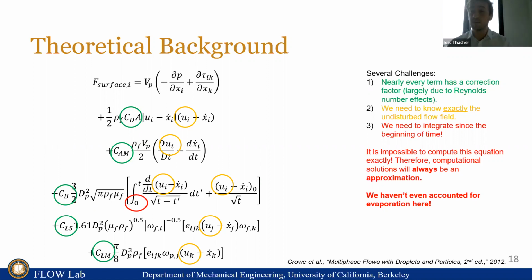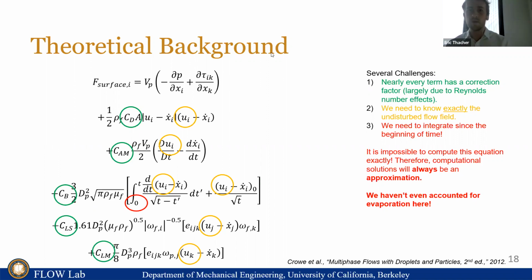If your particles are sufficiently small and their inertia is very low, so let's say the density of the particle is close to that of the carrier fluid, and the particles are small so you don't have as many finite size problems, then you can start to neglect some additional terms because you're in the Stokes flow regime. That means you could neglect your lift, you could neglect your Basset history force, and this equation becomes a lot more simple. But it depends on the regime in which you're operating.